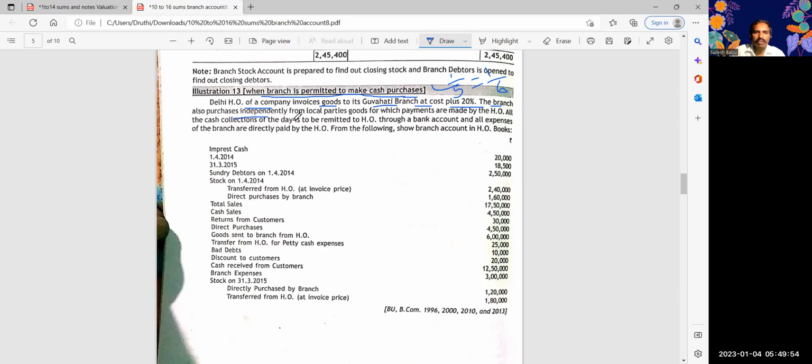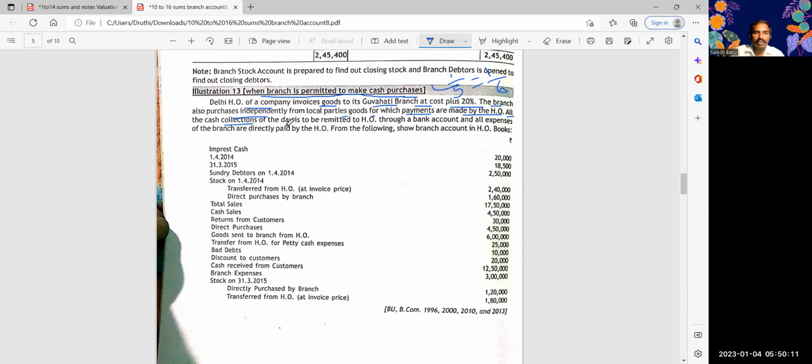The branch also purchases independently from local parties goods, for which payments are made by the head office. Listen, the branch purchases the goods, but the payment for such purchases is made by the head office.